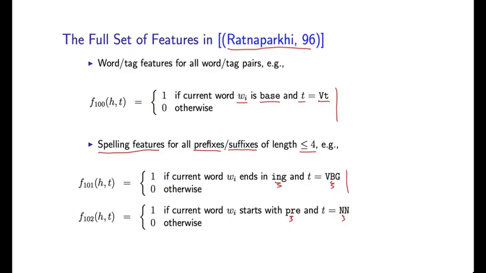So again, we're going to consider all prefixes and suffixes of length less than or equal to 4, potentially combined with all possible tags, a quite large number of features. But these features are invaluable when you're dealing with infrequent or unknown words. These kinds of spelling features can be very useful in disambiguating those words.